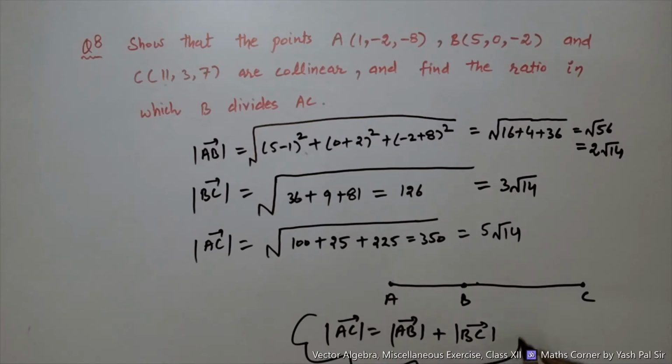If we are able to write this, this implies that the 3 points A, B, C are collinear.